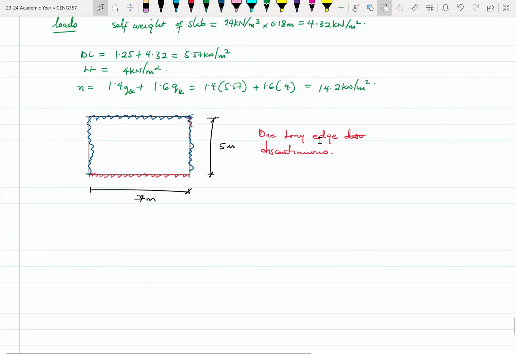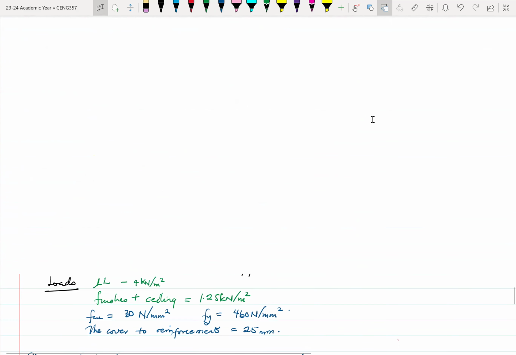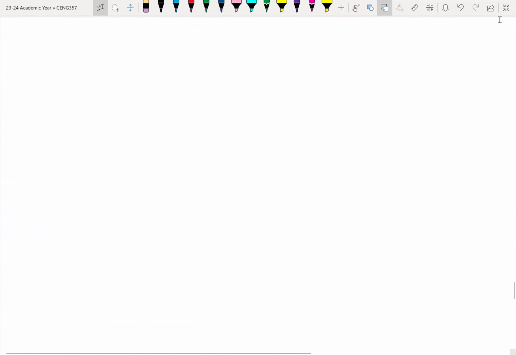So I can write in here that BXX is 0.051. So that's for the moment for the short span, for the mid span as well.